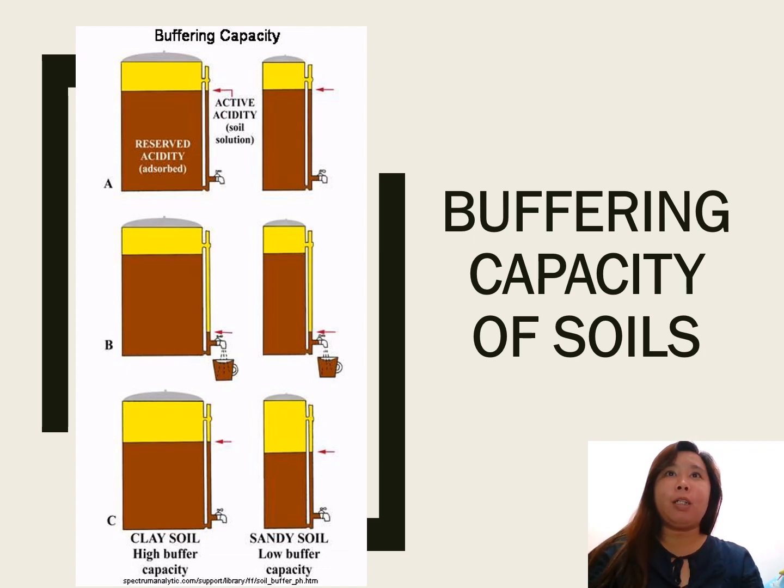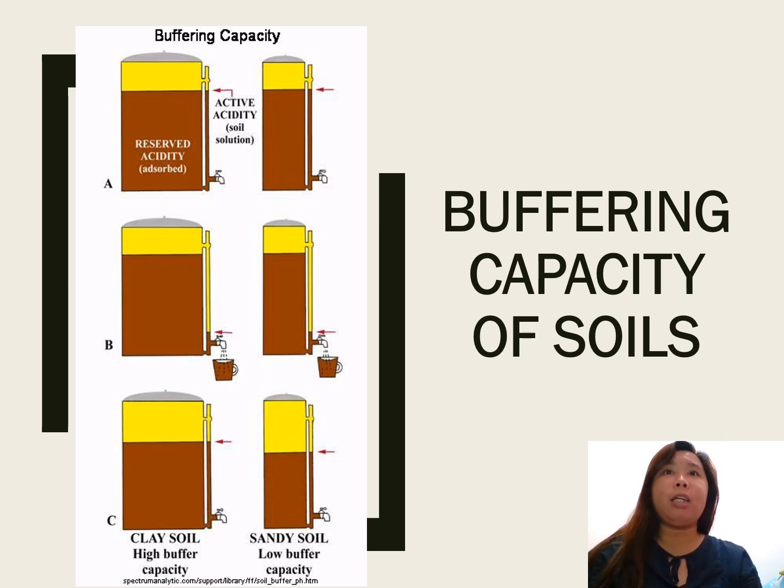So this figure illustrates the buffering capacity of these two types of soil. Considering two coffee pots, we have the figure A, one 50-cup capacity and one 10 cups, both having the same size indicator tube and a spigot. Coffee in the indicator tube represents the active acidity, and you can notice the thin tube with an arrow labeled active acidity.